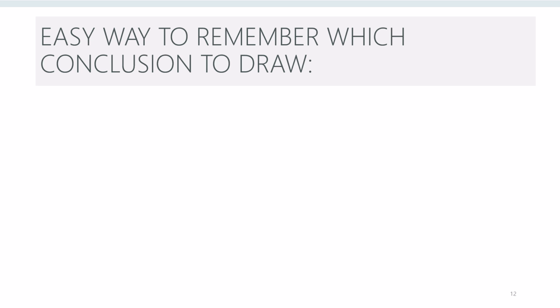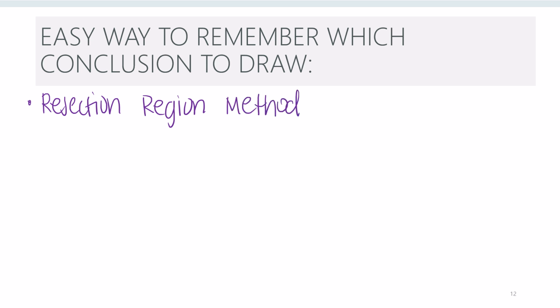All right, so there's a really easy way to remember which conclusion you're going to draw, and it's based on something called a p-value. If you're in the social sciences, a lot of times they want to do what's called a rejection region method. If you take another stats class, they might use it. The way this works is, let's imagine we're doing a two-tailed test.